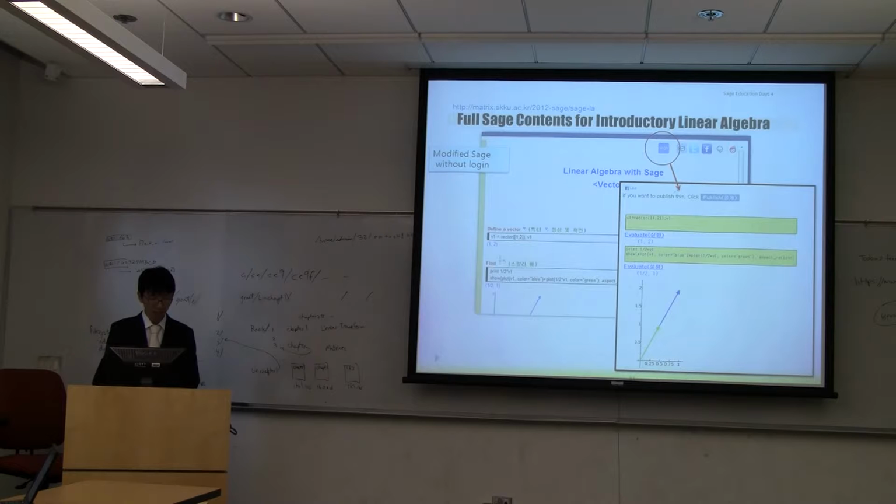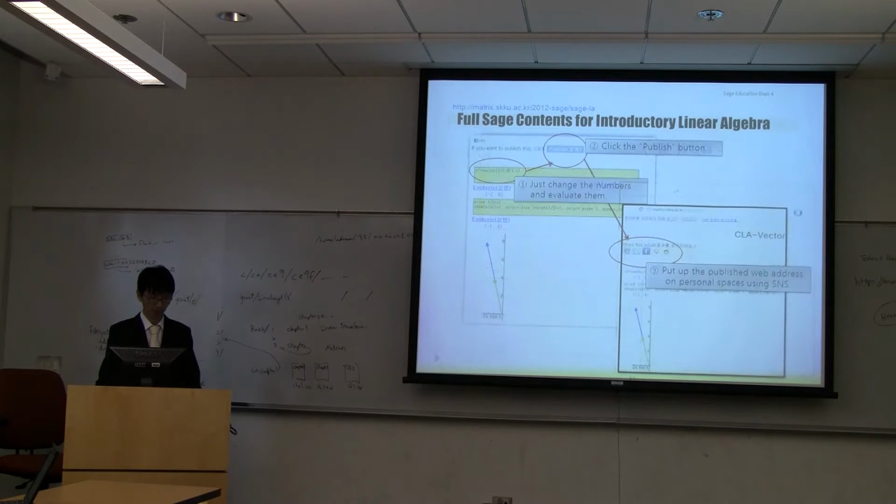And we added a Sage button like this in this web content. If you click this button, you can use the Sage cell without the login process. Here is how to use it. The first step is just to change the numbers or functions and evaluate them. The second step is to click the publish button.